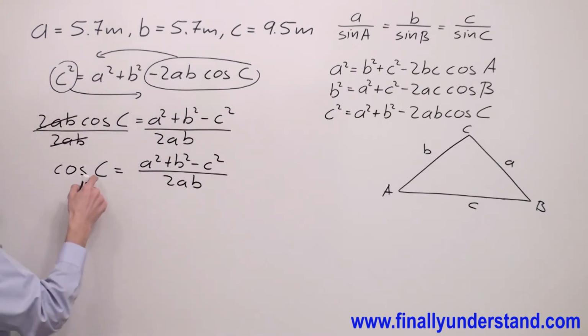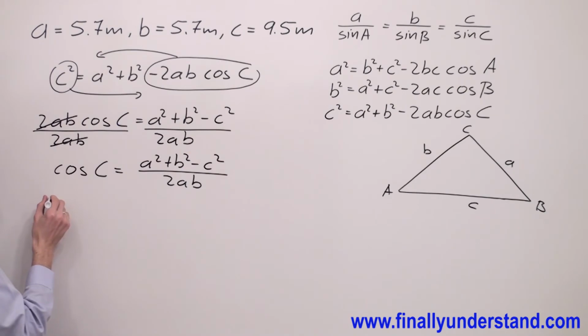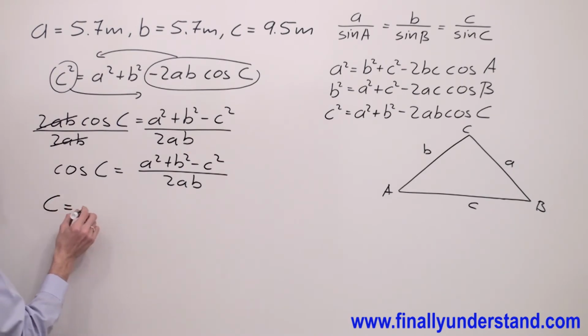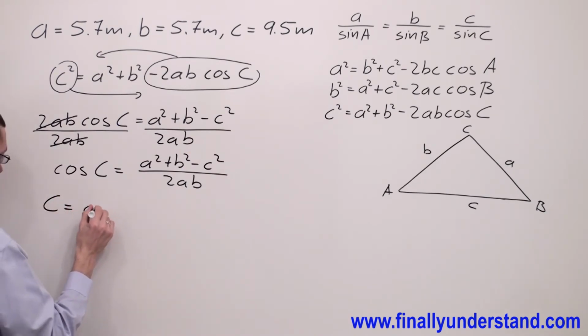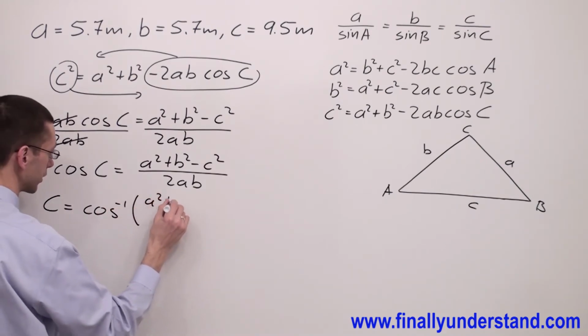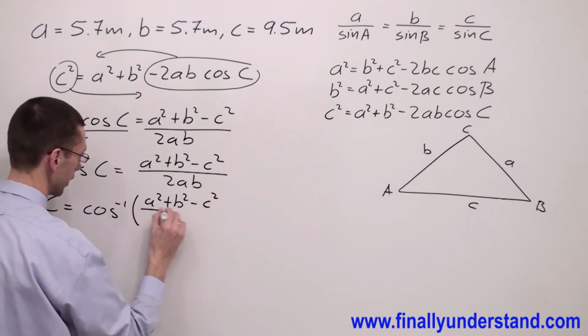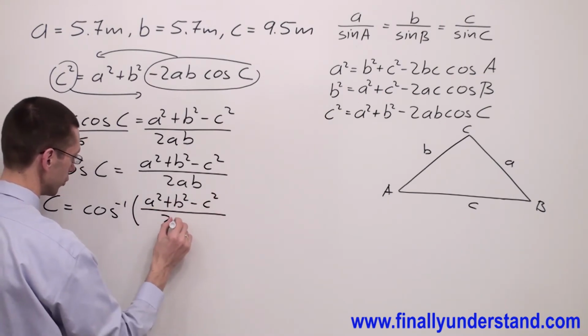In order to find angle C, I'm supposed to find the inverse cosine. So C equals inverse cosine of A square plus B square minus C square over 2AB.